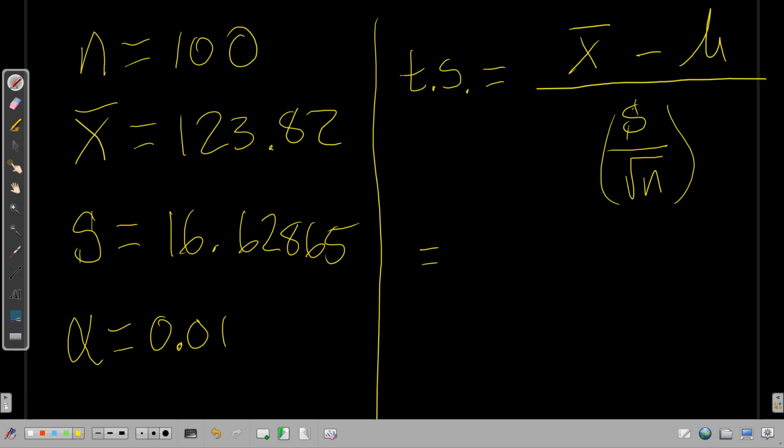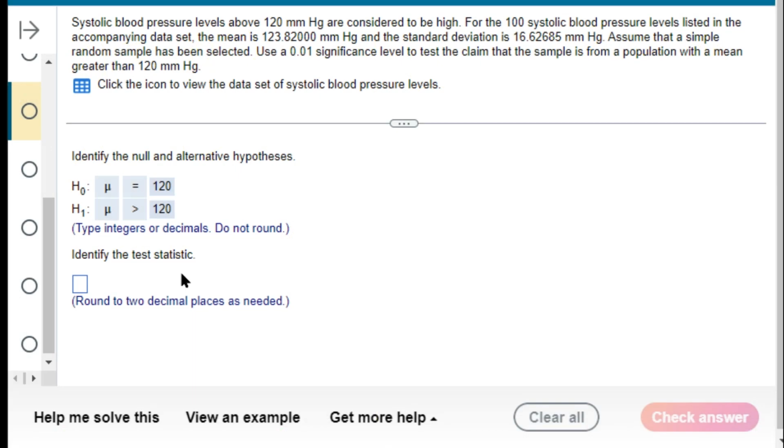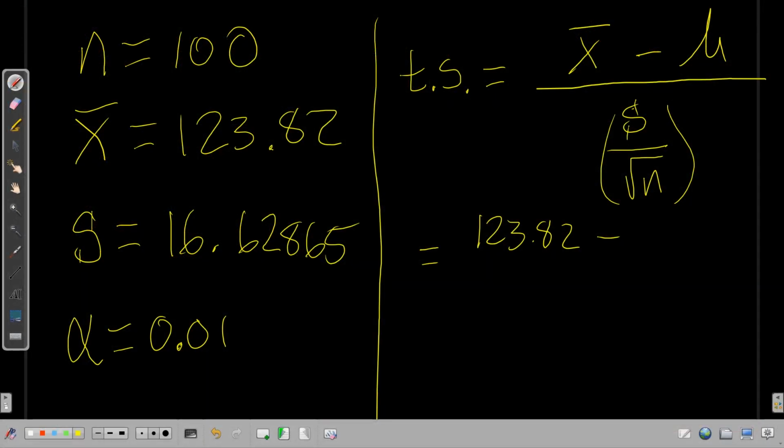Well, then I have everything I need to compute that. X bar is 123.82, and the mean is listed right in the statement of the problem. It's 120. That's what we're assuming the mean is. And then down here in the bottom, these parentheses are important.